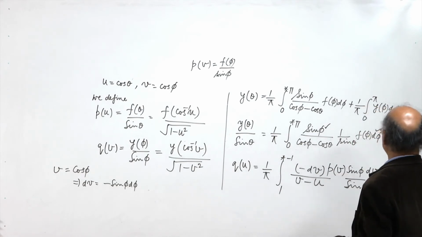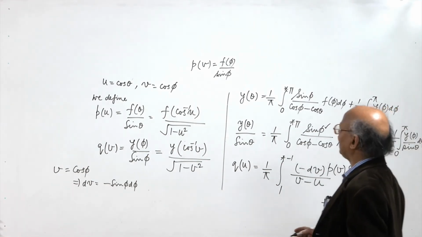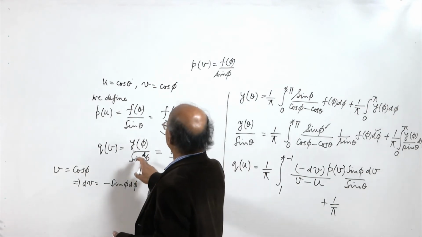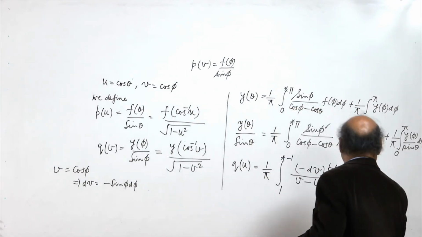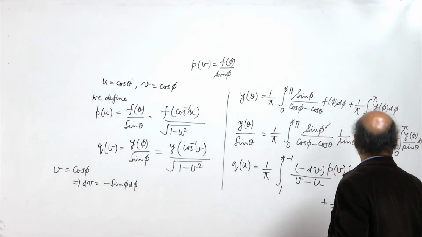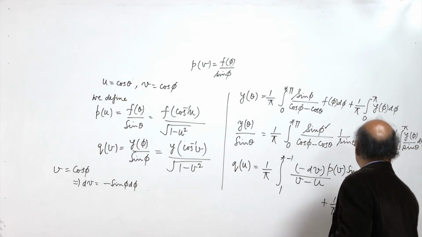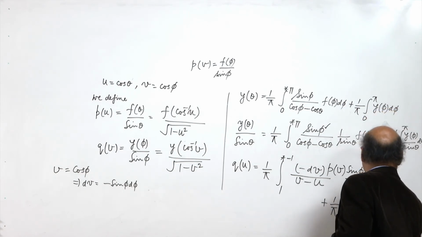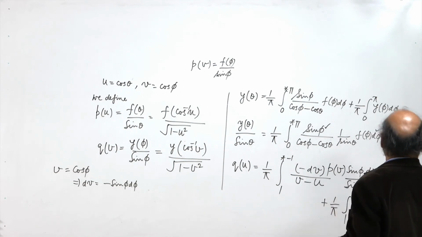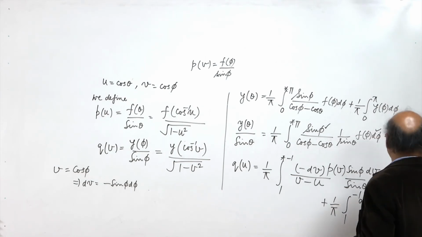And we shall have sin theta here, plus 1 over pi here also, psi phi, which is equal to Qb sin phi. The limits of integration for phi are 1 to minus 1, over sin theta, d phi.